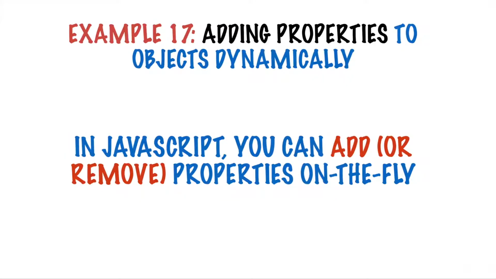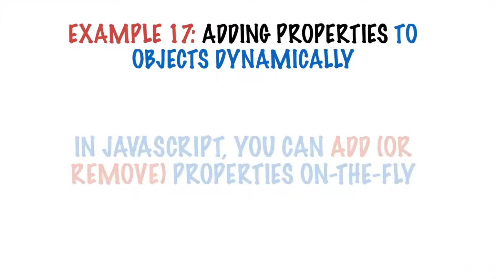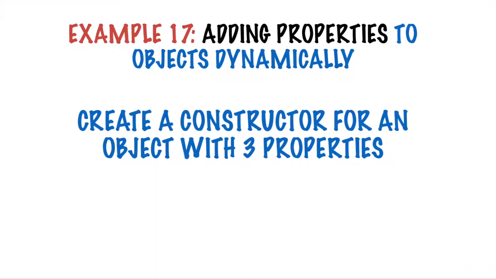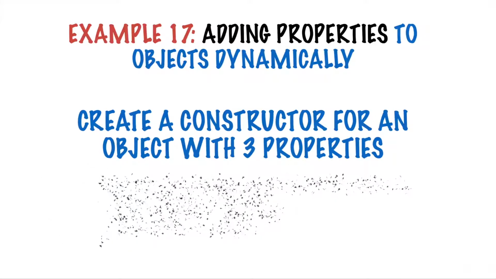In JavaScript, not only can you add properties on the fly, but you can also remove properties from an object once the object has been created. We'll look at both. First, in example 17, we'll talk about adding properties. So let's set up a constructor for an object with 3 properties. This is the same constructor that we worked with earlier, that of a rectangle, so it should be very familiar to you.